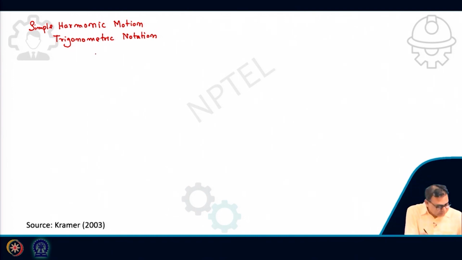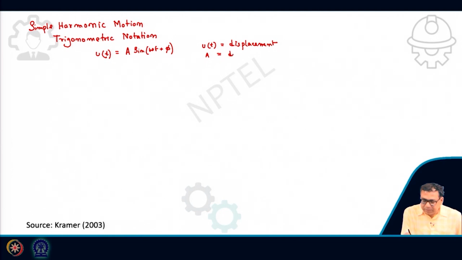So, now if I say the displacement, u, is the displacement of a motion, u(t) = A sin(omega t + phi). Phi is the phase angle. Now, what is that? Where u(t) is the displacement, and A is the displacement amplitude.